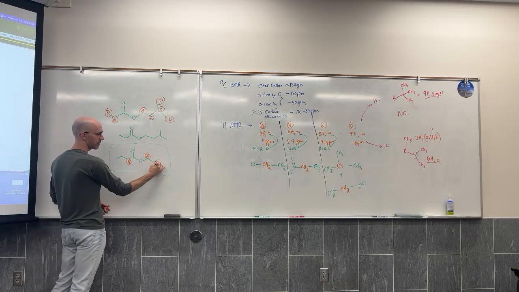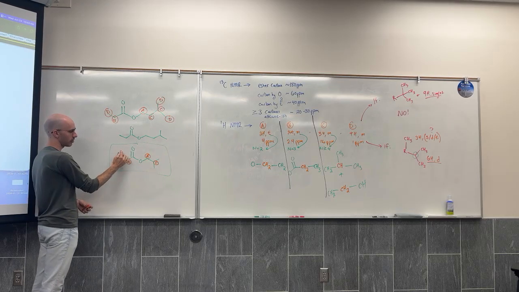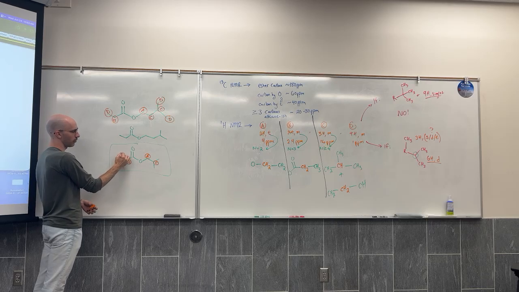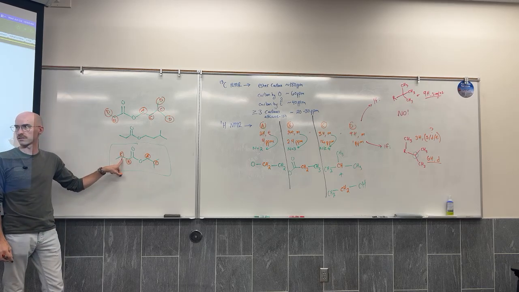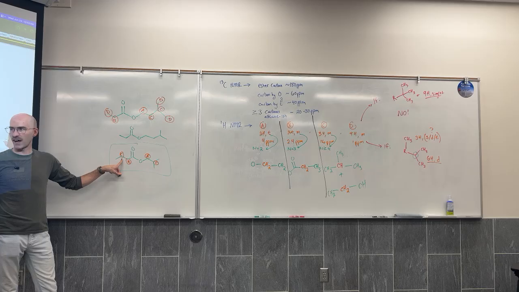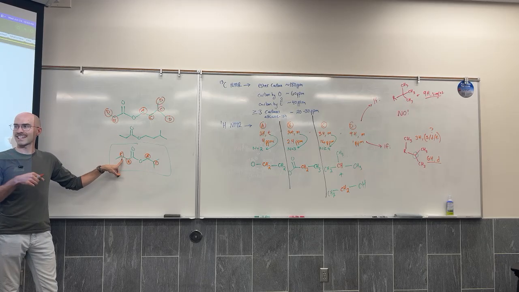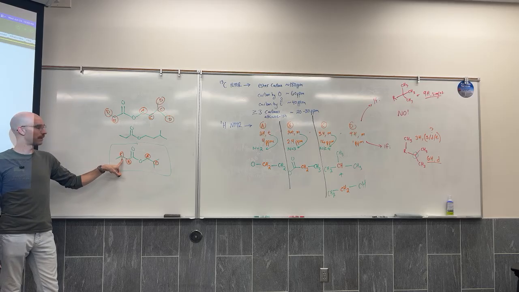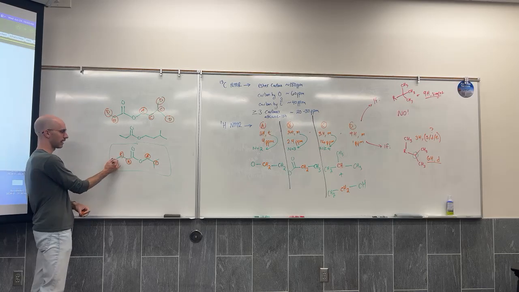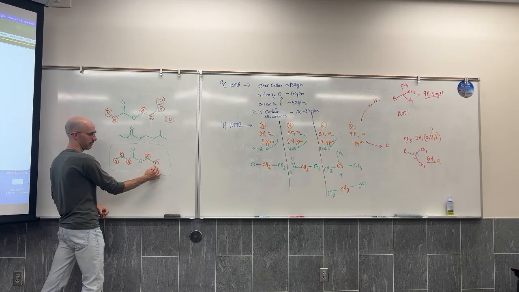And then signal C is the 1H and the 2H. Oh, no, you know what? This is giving it more neighbors. Okay. Now it has 5 neighbors, not 3. This would show up as a sextet, not a triplet. I'm not sure about this one. And then again, D, here, here, and here.